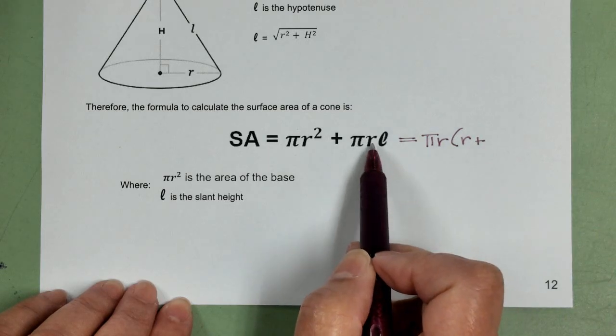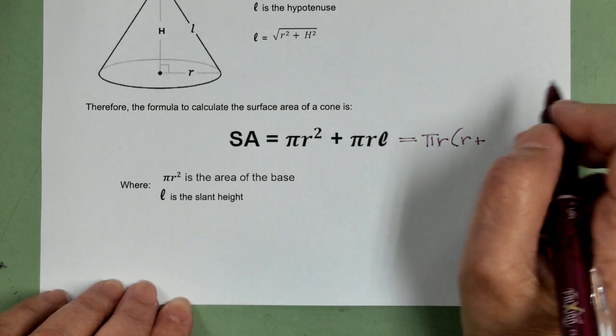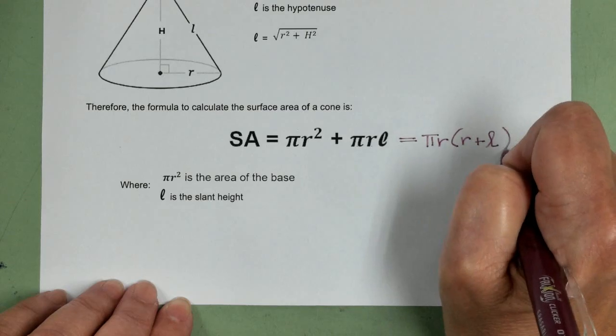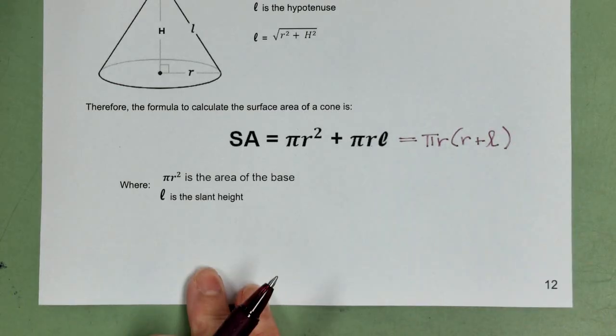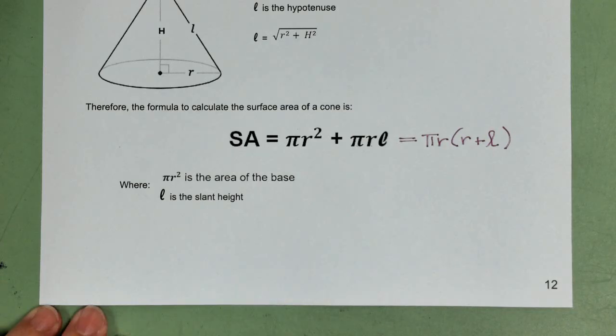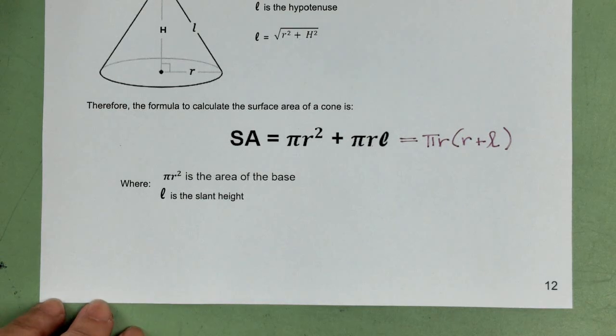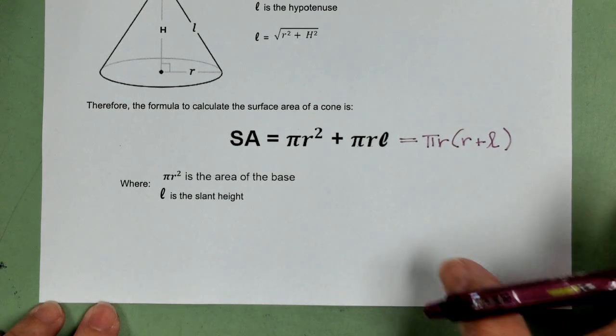And if I take pi and r out of this term, I'm left with the slant height. So again, you can use either one of these formulas when finding the surface area of a cylinder or a cone. So let's look at some examples.